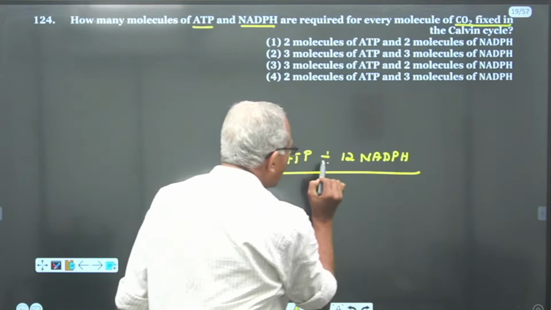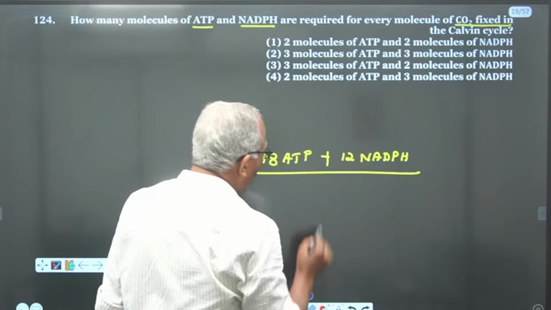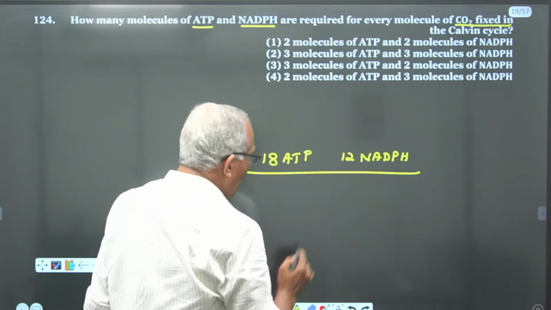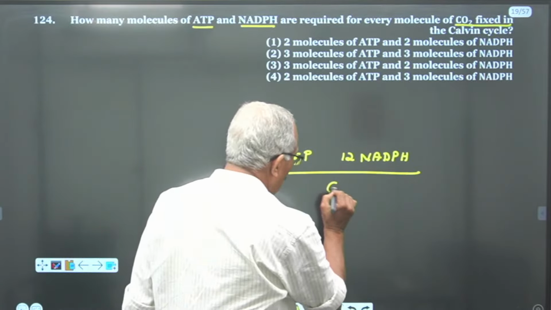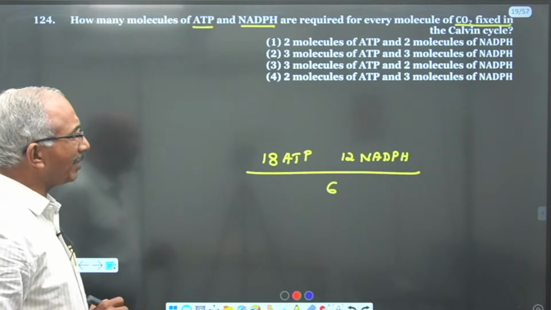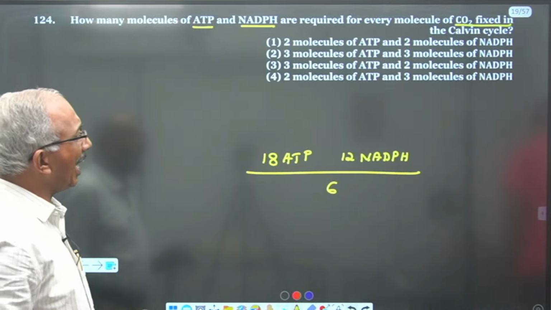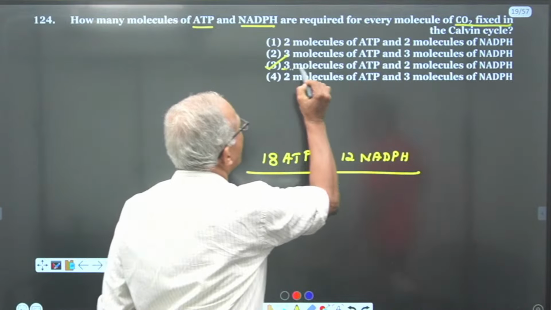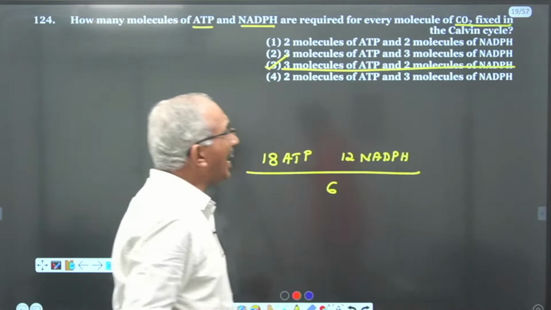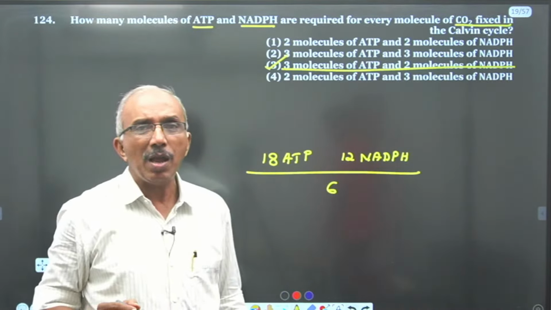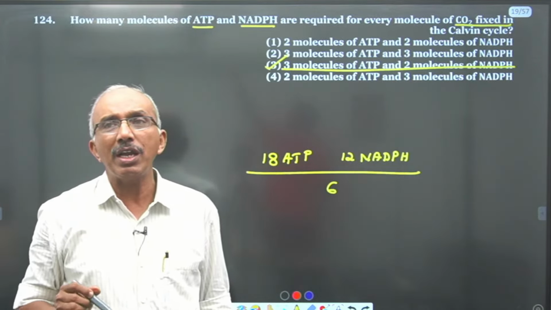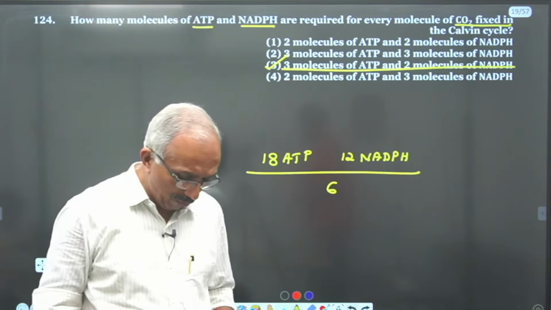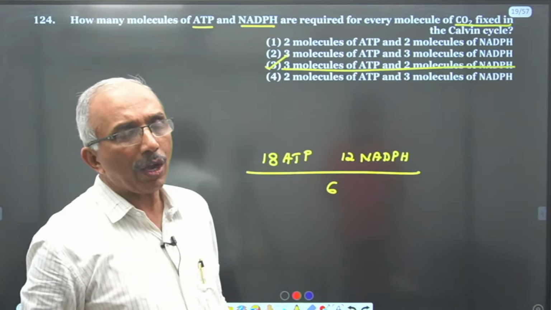Since six molecules of carbon dioxide are used, it is divided by 6. So that is 3 ATP and 2 NADPH per molecule of carbon dioxide.